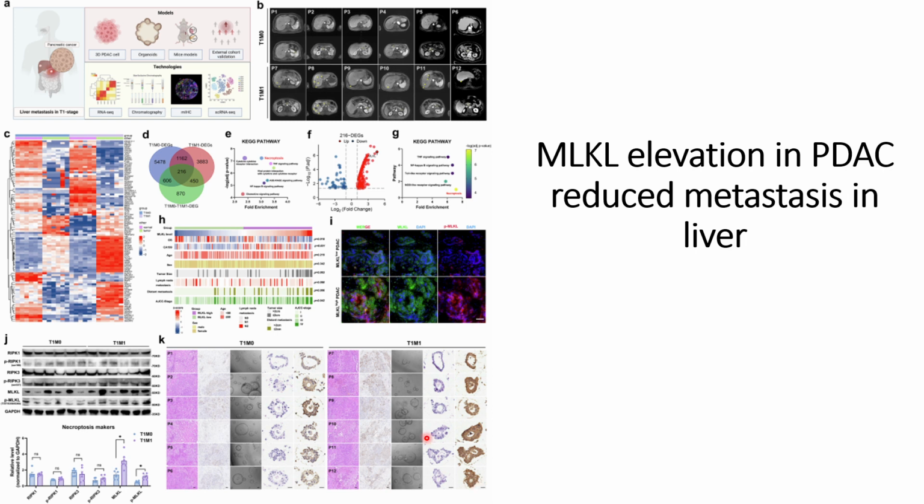So all this indicates that MLKL elevation could reduce the metastasis of pancreatic cancer cells into the liver at the T1 stage. However, the reason is not shown in this figure, how this MLKL works, but we will discuss those reasons in the subsequent figures.